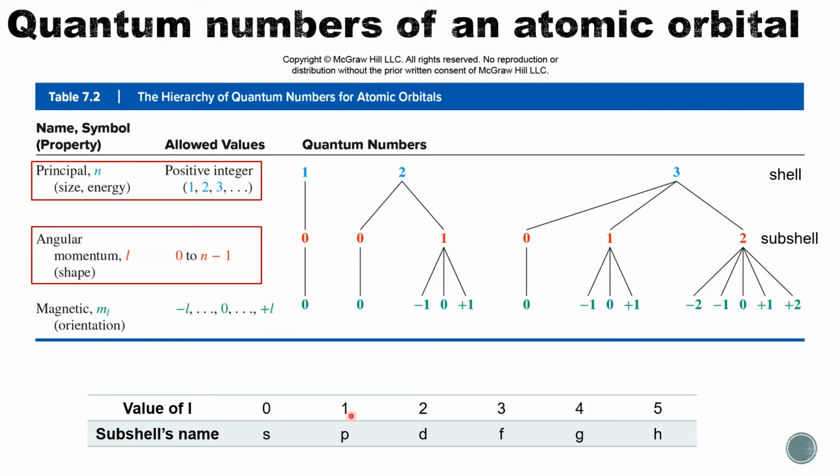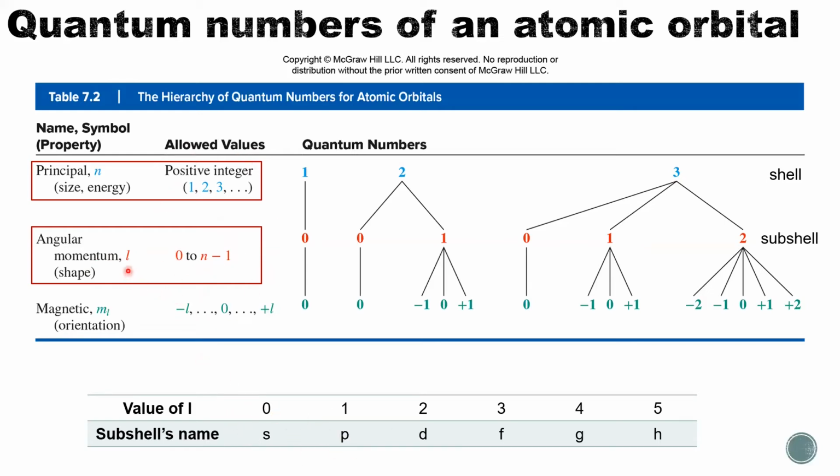When l equals 1, it's a p orbital. When l equals 2, it's a d orbital. And when l equals 3, it's an f. Then 4 is g, 5 is h, and so on, following the alphabet. So that's what l is. You need to know the rules, allowed values, and corresponding nicknames.